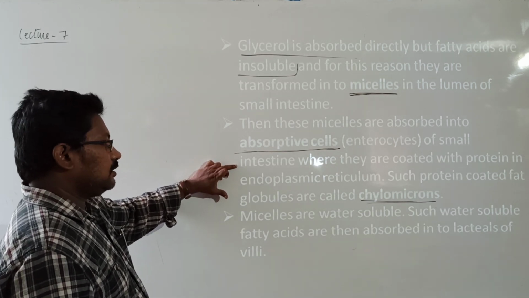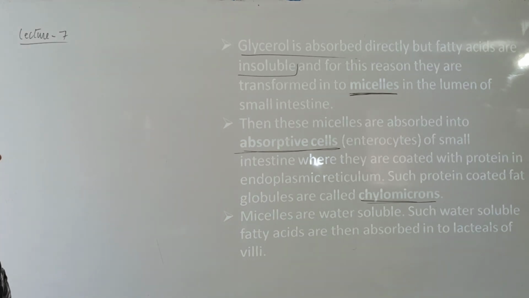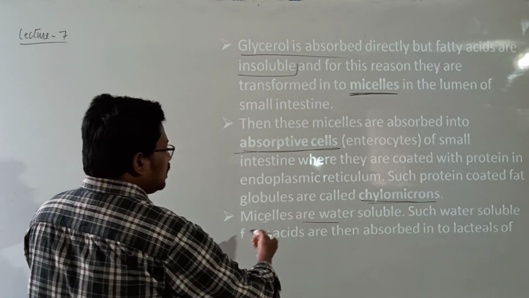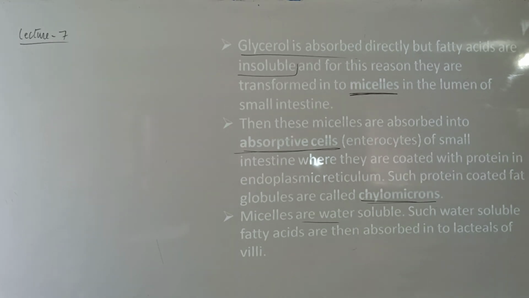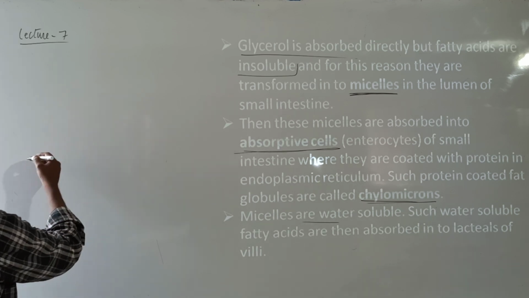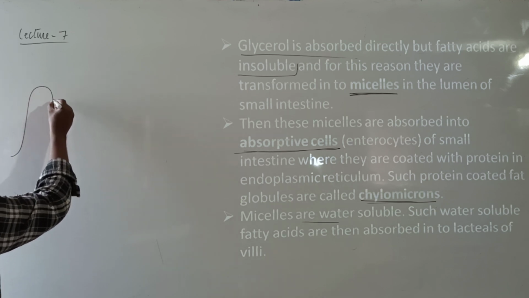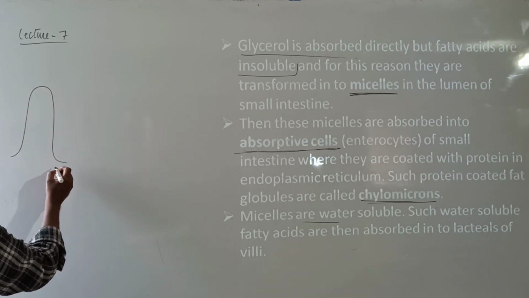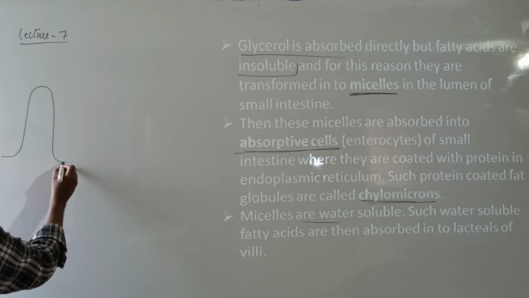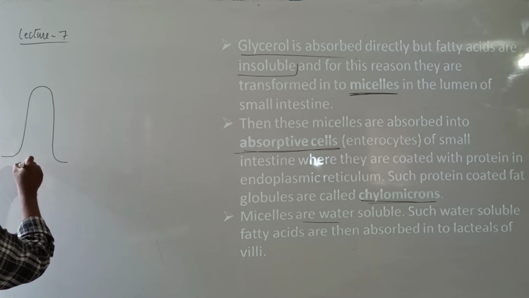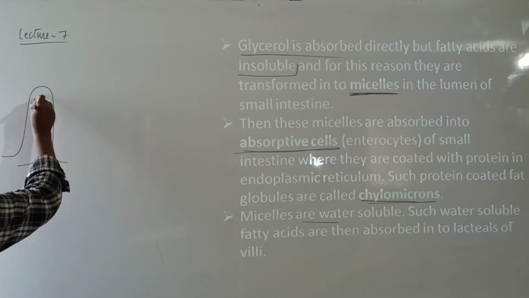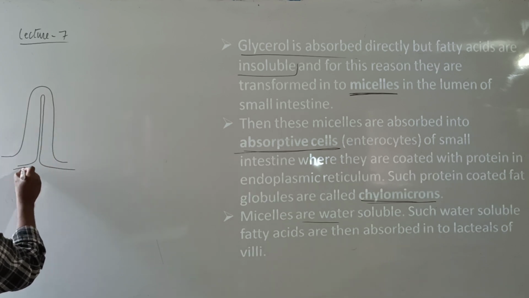Those micelles are actually water soluble, and such water soluble fatty acids are then absorbed into the lacteals of villi. In the small intestine, you will find finger-like projections called villi, and each villus will be supplied with a lacteal vessel.